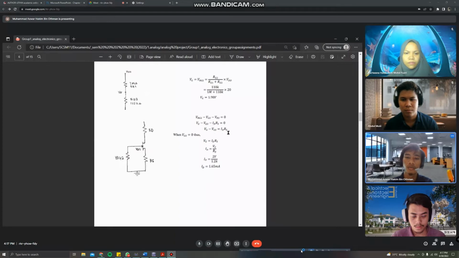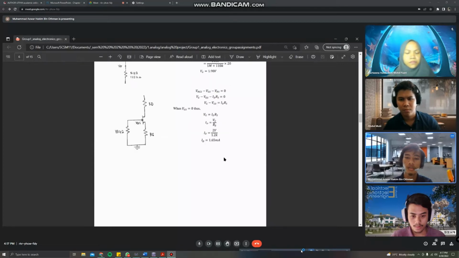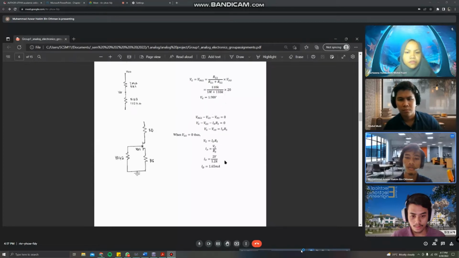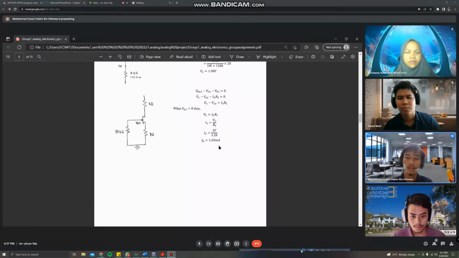So we get VG minus VGS equals ID times RS. When VGS equals 0, the formula becomes VG equals ID times RS. So ID equals VG divided by RS. We substitute the value of VG and we get the ID value.